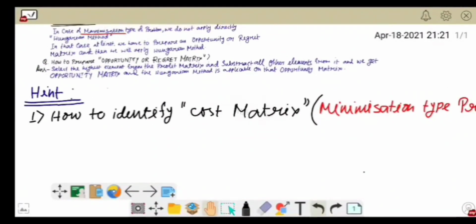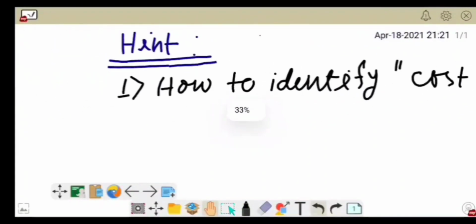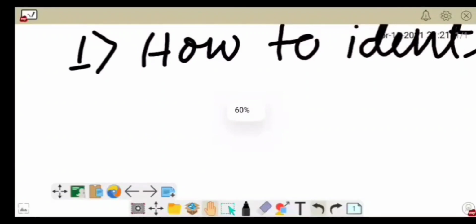So how to identify a cost matrix? Write down in the way I am writing. Answer.